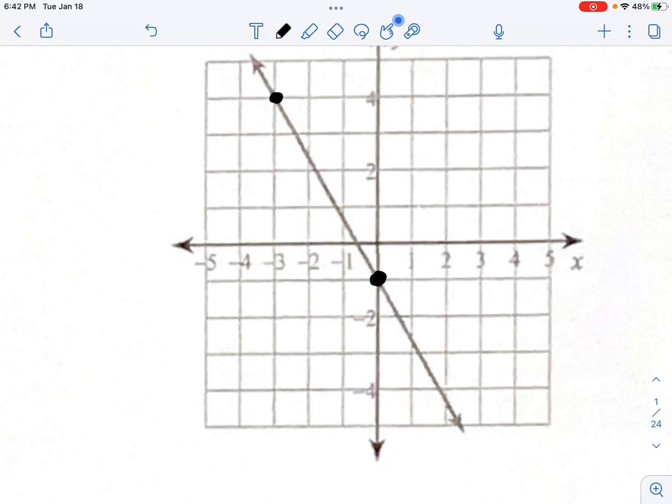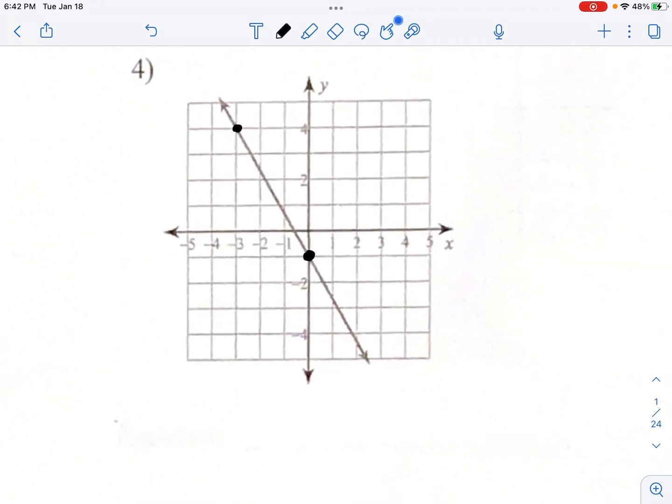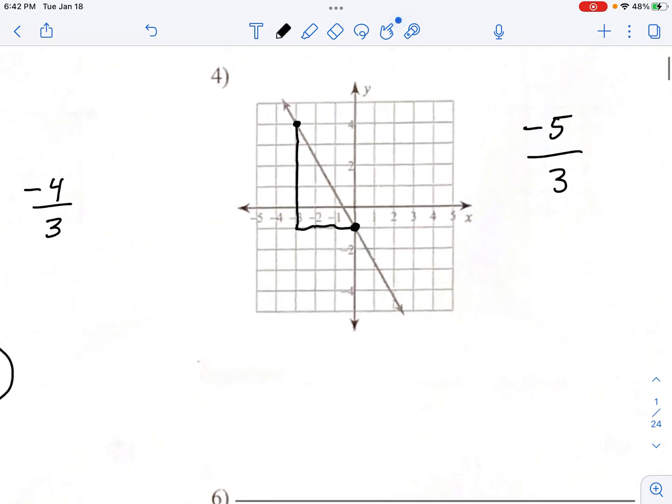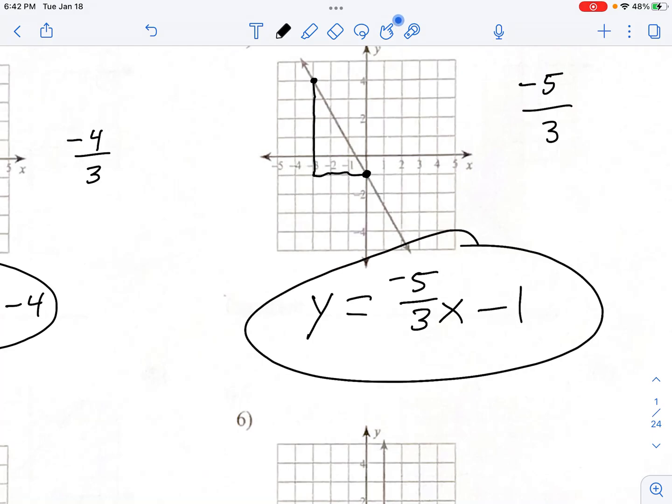There's one right there. So you always go left dot to right dot. We're going to go down 1, 2, 3, 4, 5. So that's your top number. We're going to go right 1, 2, 3. So negative 5 over 3 would be my slope. So y equals negative 5 over 3x. And then my y-intercept is right there, that would be negative 1. And then that would be my answer.